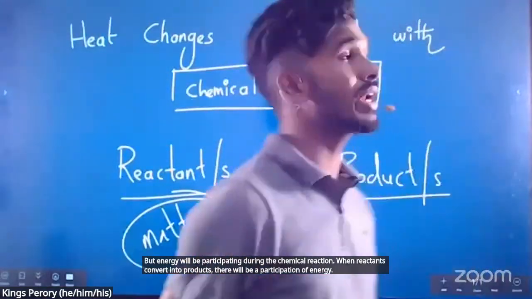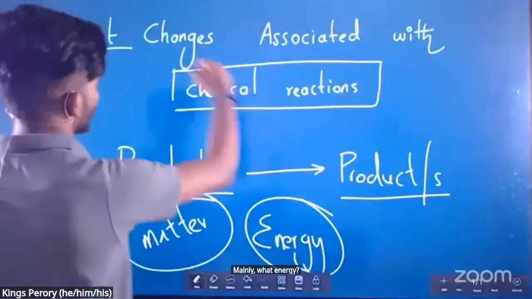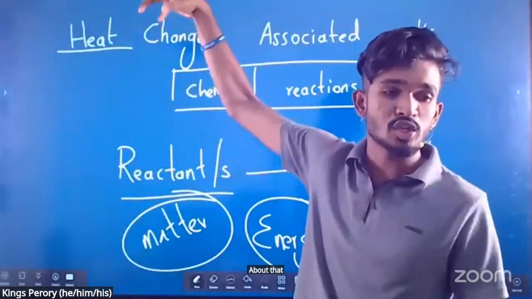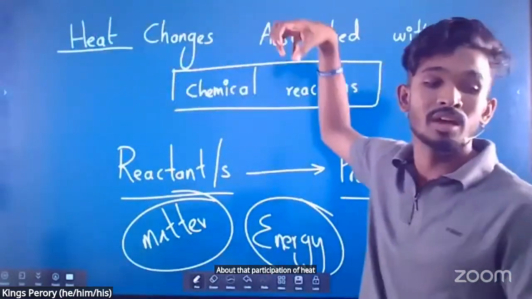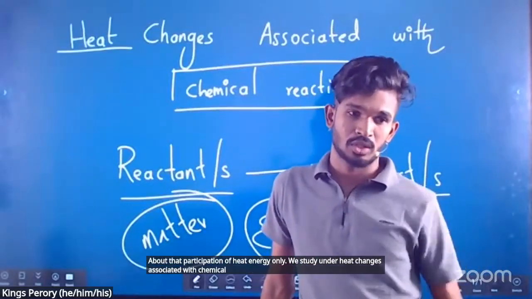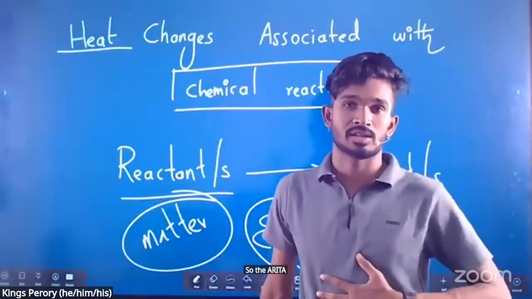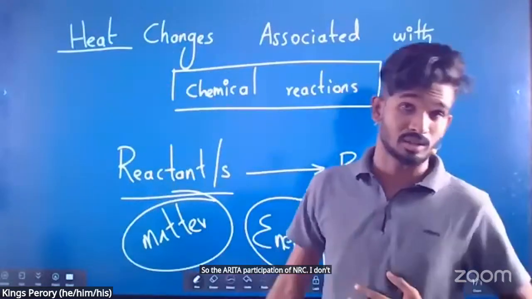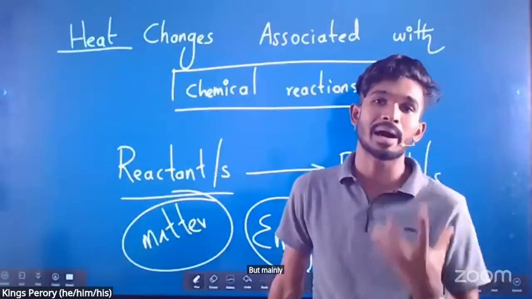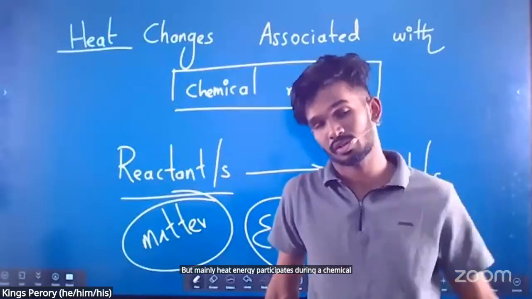Mainly heat energy. About that participation of heat energy, we study under heat changes associated with chemical reaction. I don't say only heat energy; there can be any other type of energy as well. But mainly heat energy participates.